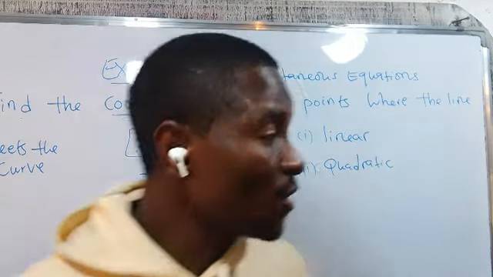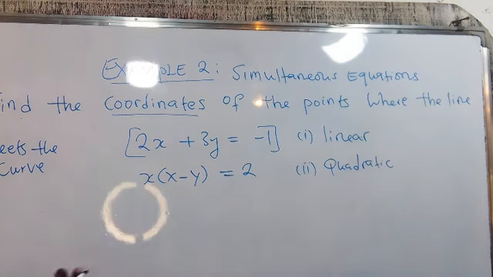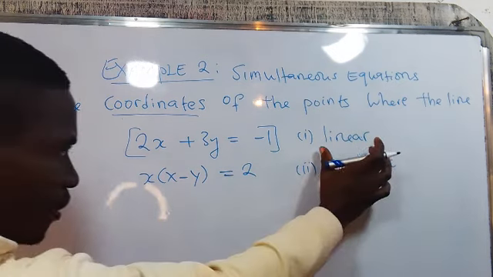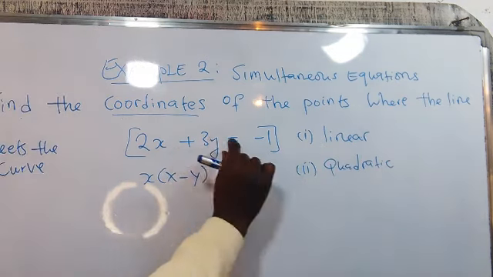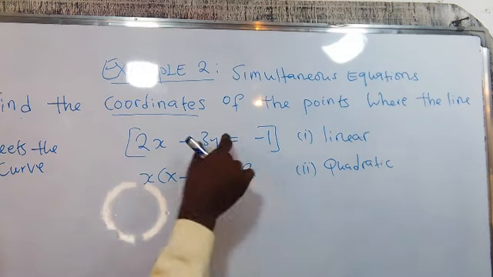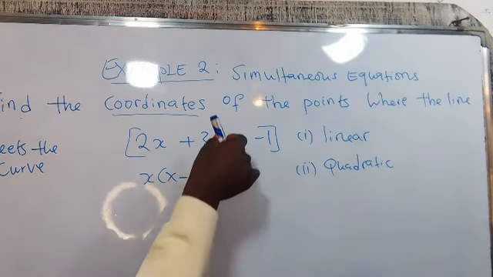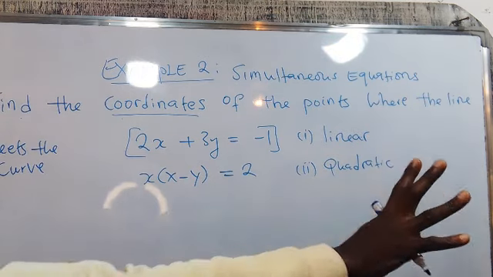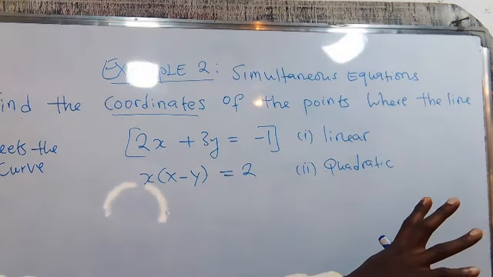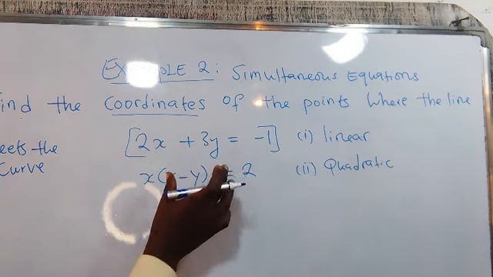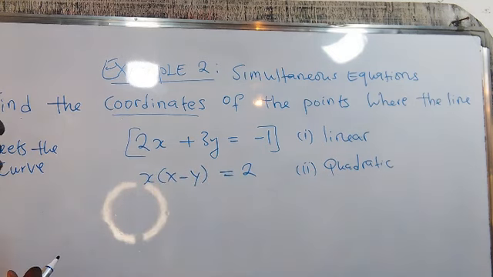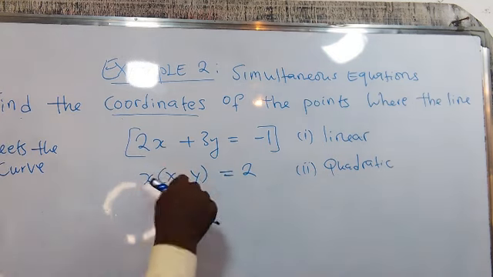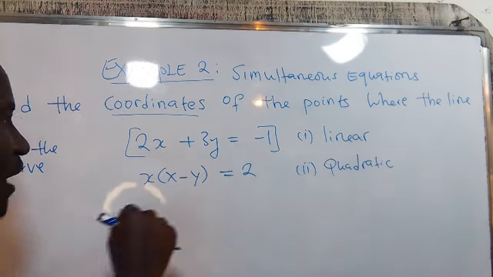Okay, so let's proceed now, ladies and gentlemen. We are going first of all to make one of these variables, x or y, the subject, the substitute formula. Once we have that new equation, either x or y, we are going to plug it into the second equation at that variable.